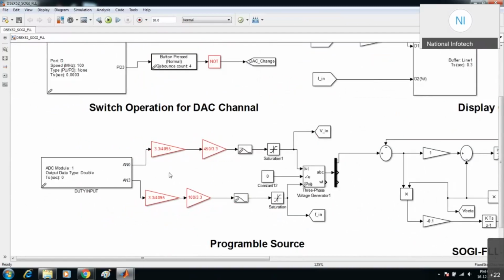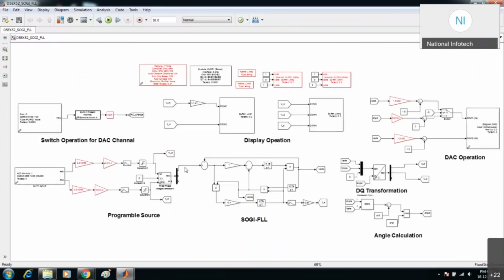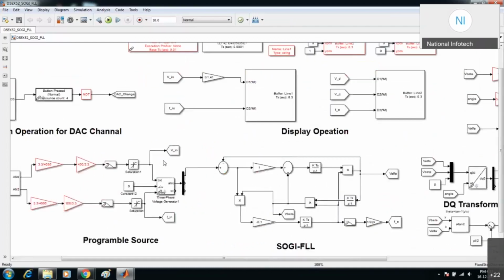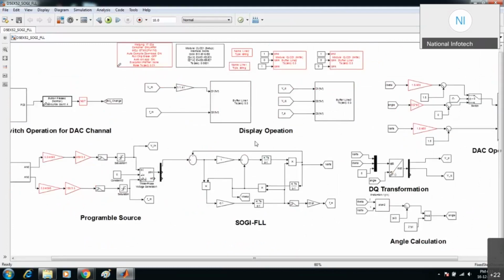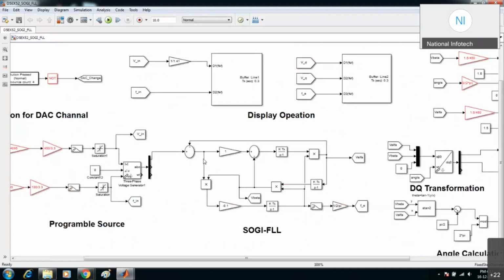Rajan sir was varying the port on the ADC channel, and using this ADC the magnitude of this sine wave was changing, and accordingly he was able to change the frequency with the second ADC channel. So all of the other parameters and ADC are the same. You can see the DQ transformation Rajan sir has explained. So from that information, we will have to implement this SOGI FLL technique.